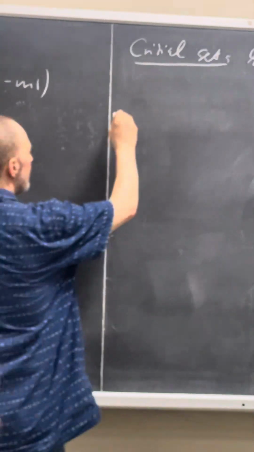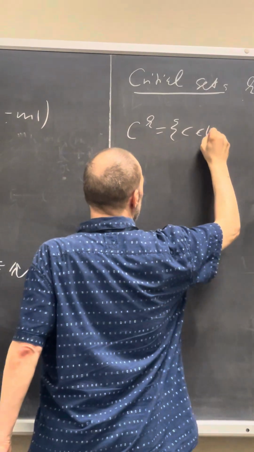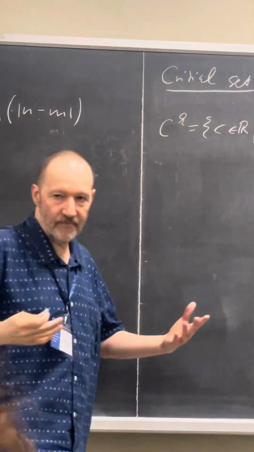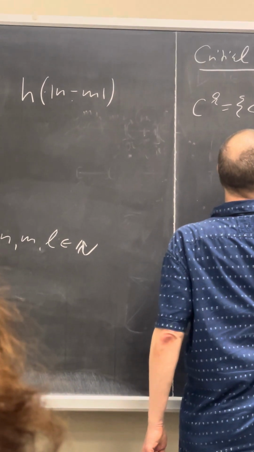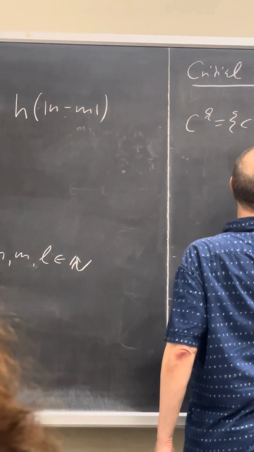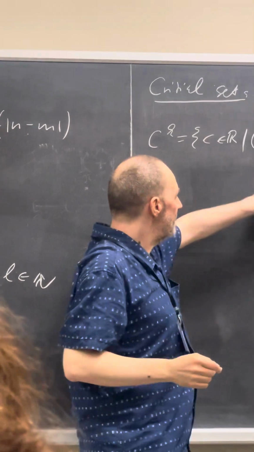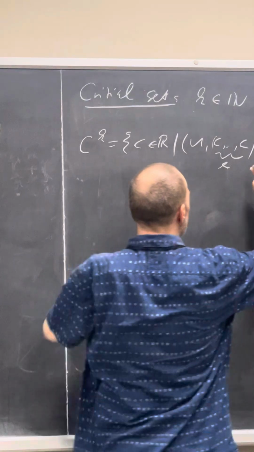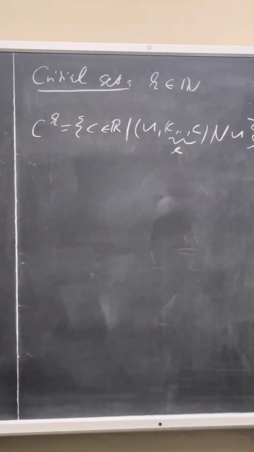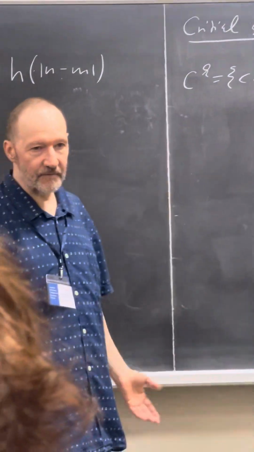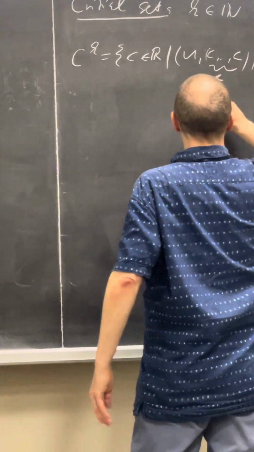The critical set for this difference k is a set of real numbers, that is utility values, such that if you add k copies of C to u, you're in a situation of non-comparability to the original u. So that's a way of introducing non-comparability. And you define such a set, and you do this for all u.